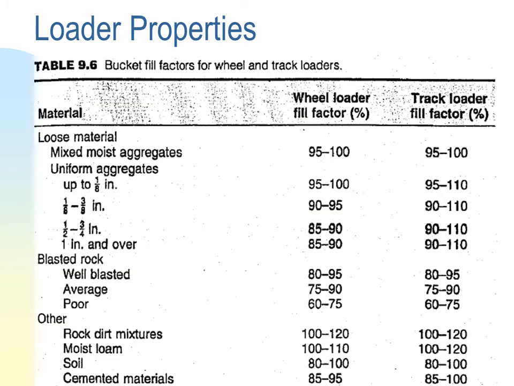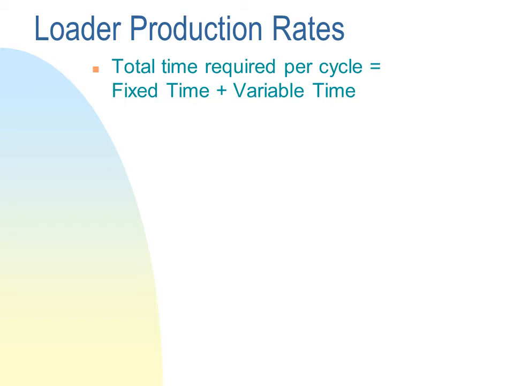So the bucket fill factor, again, the same concept of the bucket fill factor that we applied before with front shovels and backhoes could apply with loaders. So the bucket fill factor, again, it changes depending on the material. And it slightly changes depending on whether it's a wheel or track mounted loader. But the major difference between the loader and the other excavators that we discussed before is that in these excavators the cycle time was nearly fixed.